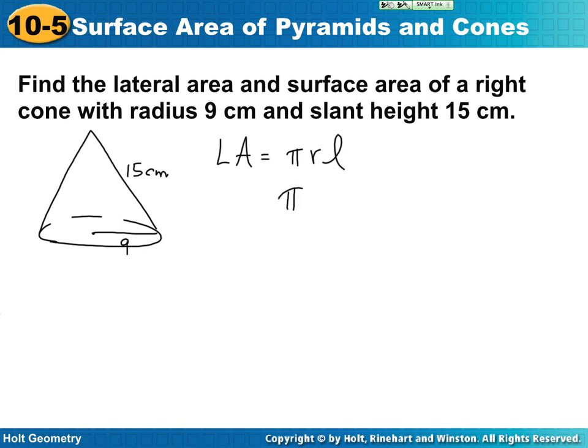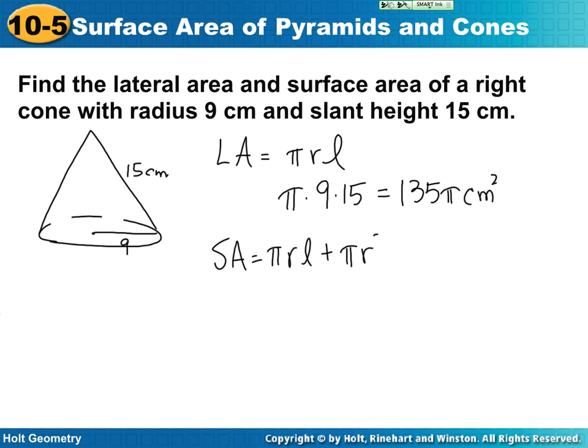Pi times the radius is 9, the slant height's 15. What is 9 times 15? 135. Okay, so this is 135 pi square centimeters. Surface area would be that plus the circle for the bottom: pi r l plus pi r squared.